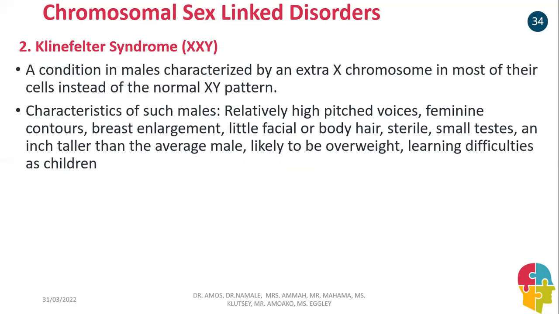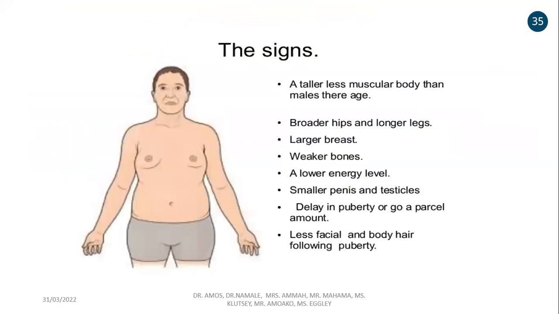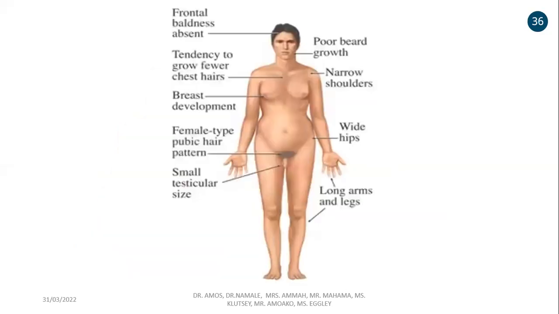So they have more feminine features, high-pitched voice, contours, breast enlargement, little body hair. They are sterile because they don't produce sperms and they have very small testes. And they might have some learning difficulties. So I have pictures that indicate the signs of someone with Klinefelter syndrome. Okay.